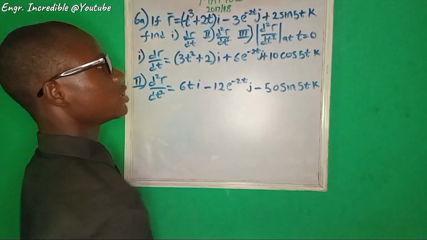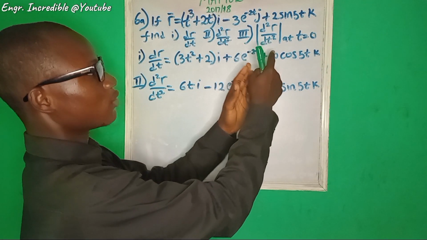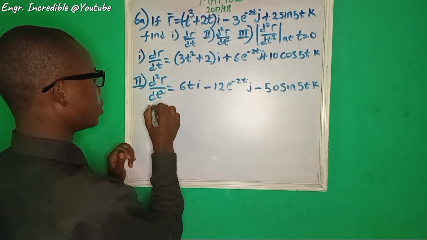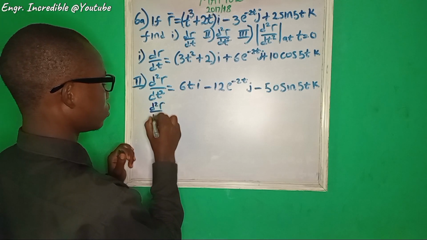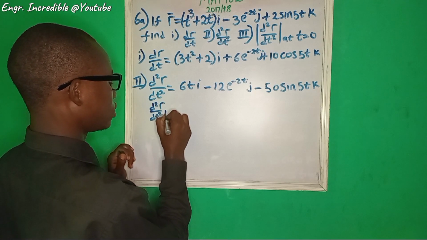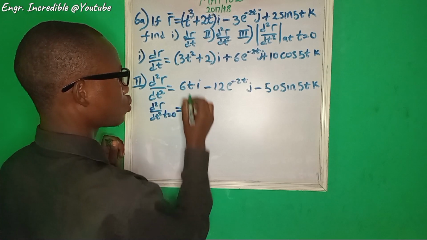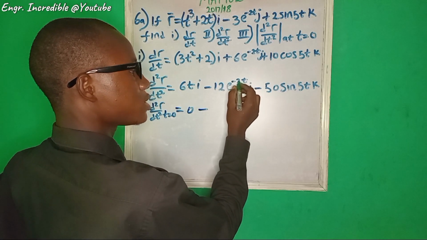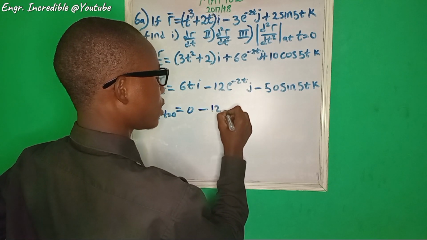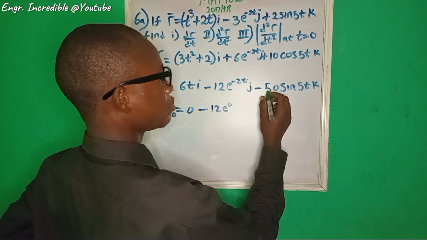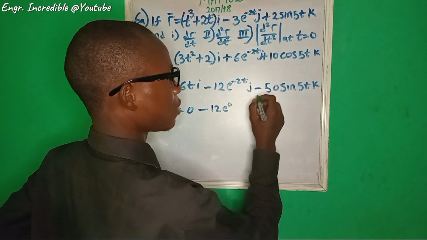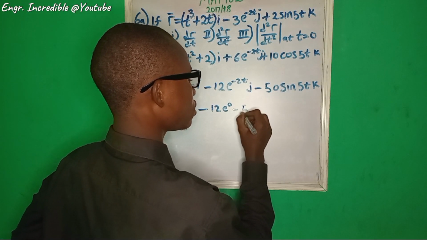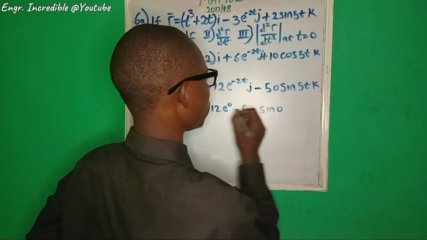But for the third answer here, we have d squared r/dt squared. We should find the modulus at t equals 0. So now when t is equal to 0, d squared r/dt squared at t equals 0 is equal to, when t is 0 here, this one is away, 0i minus, when t is 0 here, we have 12 times e raised to the power 0, then minus 50 sin 0 k.